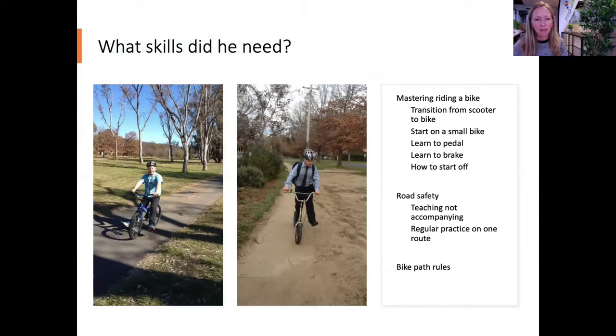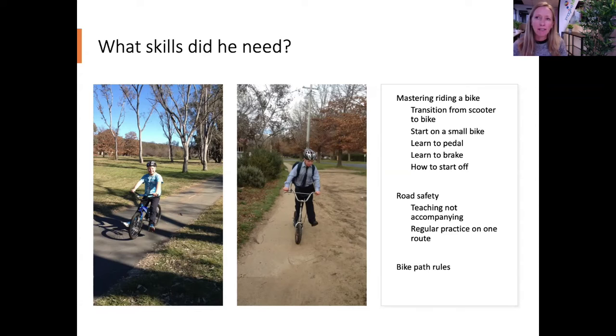So you can see there in the image where he's coming down a very slight incline with no pedals on the bike. So that was starting with a small bike. He had to learn then to pedal when the pedals went back on, how to brake, how to steer, how to start off from a stationary position. But then he also needed to learn about road safety.